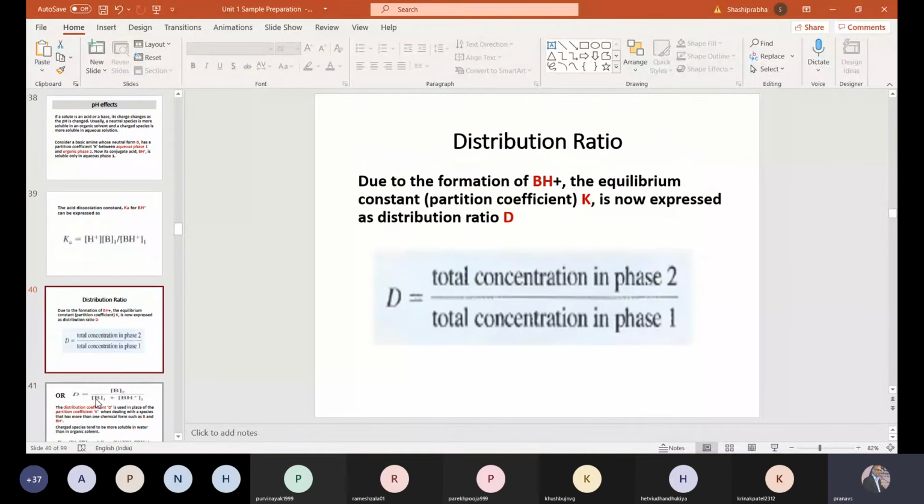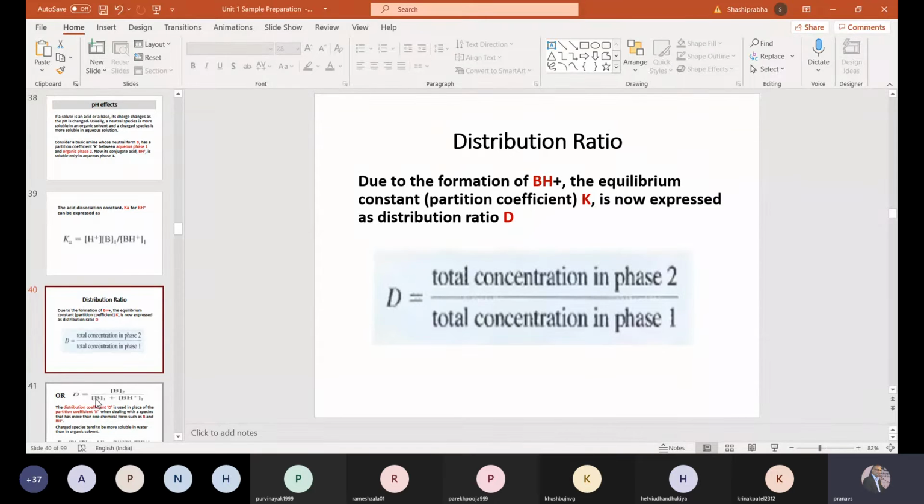to happen in the aqueous phase when the pH is different, which is not neutral. To account for this, what we do is we make a change in our equilibrium constant, and that change is the distribution ratio. Previously it was partition coefficient or distribution coefficient.